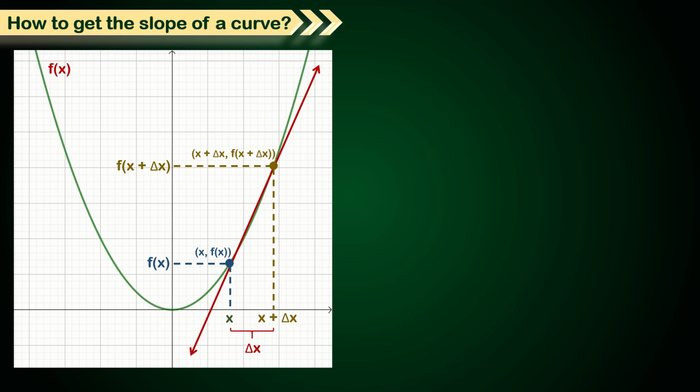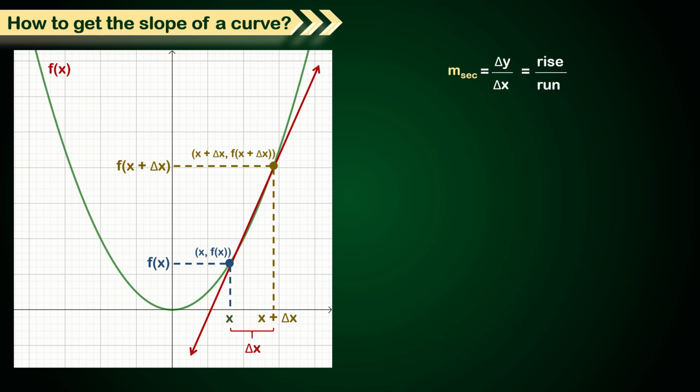Given these details, we can now find the slope of the secant line using the fundamental concept of the slope of a line. The slope of the secant line can be found as the ratio of change in y and change in x, or rise over run.